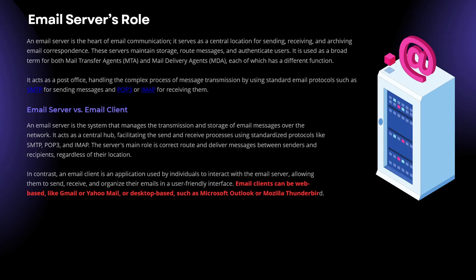The client connects to the mail server to fetch new emails and displays them in a readable format, allowing you to read and reply. You can also compose emails, writing new emails and sending them off. And you can organize emails, as email clients often have features like folders, labels, and filters.